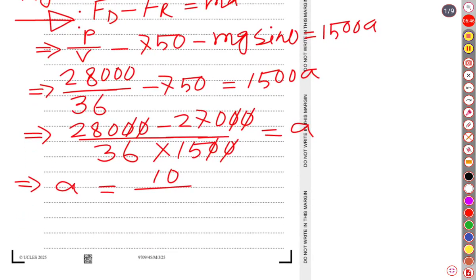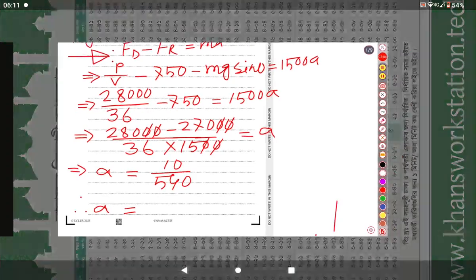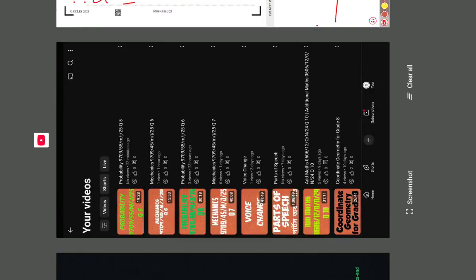Hence, if we divide 1 by 54, let us do the division. 1 divided by 54.